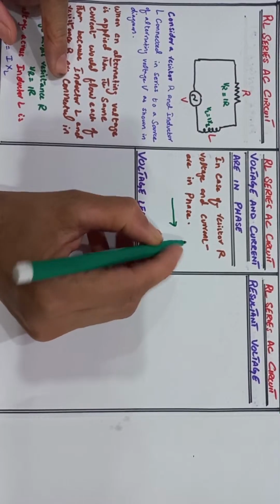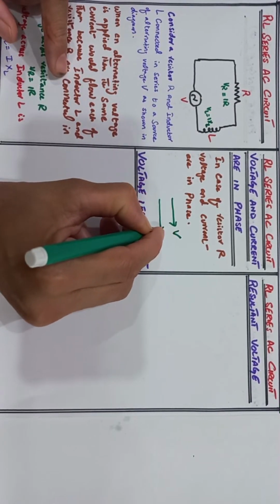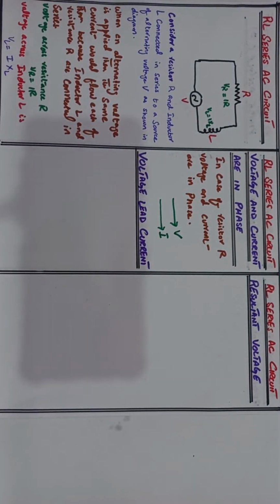This is the direction of the voltage, so the current is also in the same direction as the voltage. Both are in phase.